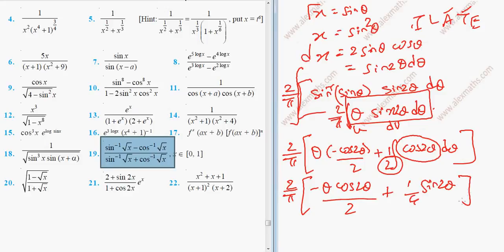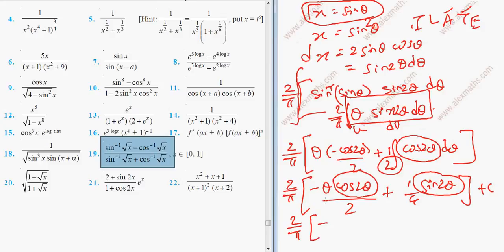Okay, since we have sine theta as root x, try to write everything in terms of sine theta. This in terms of sine theta, this also in terms of sine theta. Then only I can replace that x and get the answer. This theta is nothing but sine inverse root x. Okay, this cos 2 theta, I'll write it as 1 minus 2 sine square theta. So if I replace that x, 1 minus 2x, because sine square theta is x here.